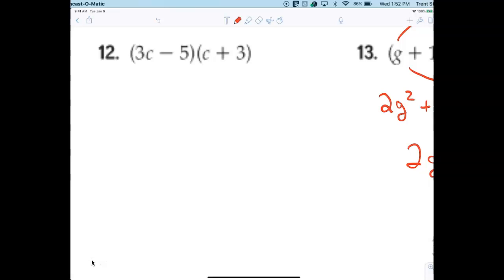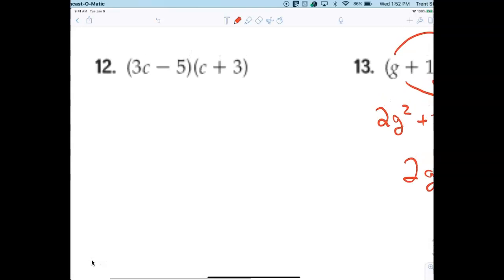All right, so here we go. First thing we're doing is 3c times c. I'm going to let you write it down. Come on. Stay with me now. I don't want to do the work, I want the help. 3c squared. Now we're doing the first smiley face. How much is that? Negative 5c.